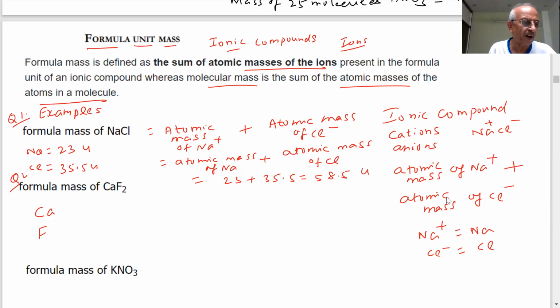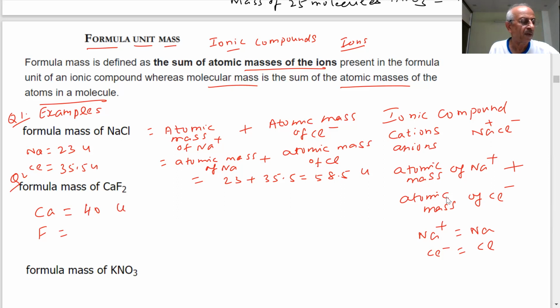What atomic mass we gave for fluorine, students, and for calcium? For calcium, what is the atomic mass? 40. 40 U. For fluorine, find out what is the atomic mass of fluorine from the atomic mass tables.